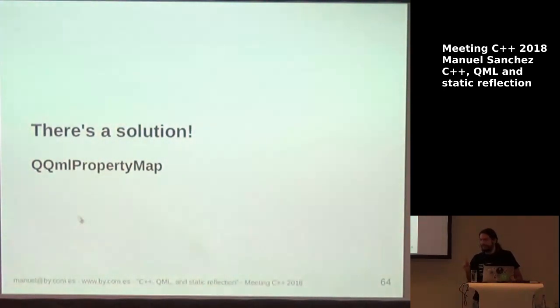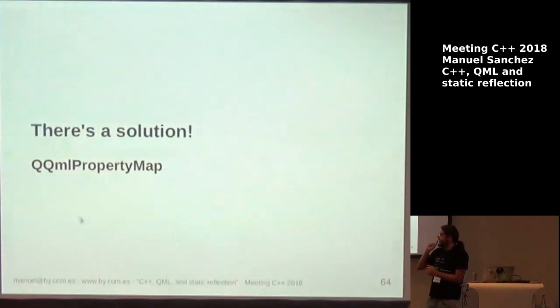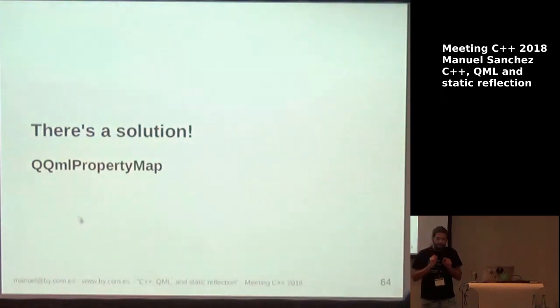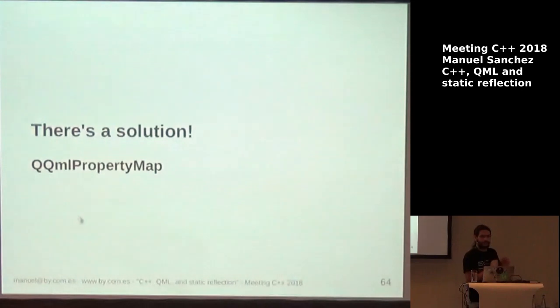So there is a solution after, I think, one month of research, Googling in the Qt API or whatever. I found a solution that's QQmlPropertyMap. It's a C++ type provided by the QML API exactly for this use case.